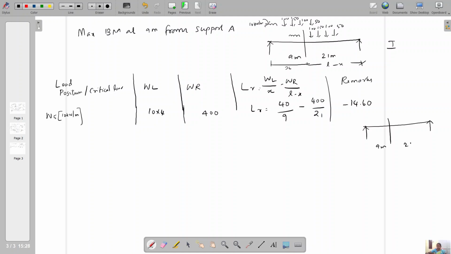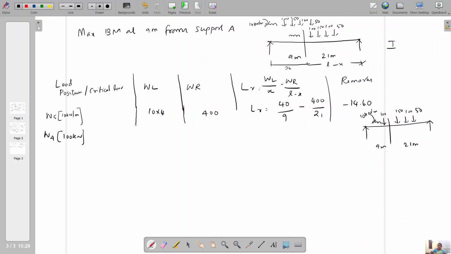Next, I'm going for another trial. Place 9 meter and 21 meter distances, and I shifted two loads to the left side. One is 10 kilonewton per meter, another one is 100 kilonewton. The other three loads are on the other side, 50, 100 and 150. This time, the critical load is W4, which is 100 kilonewton.